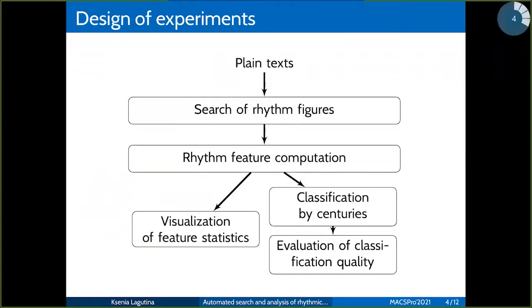On the next slide, I describe the statistics of these figures. So we search rhythm figures, then we compute statistical features, visualize the statistics, and test them in classification by centuries.